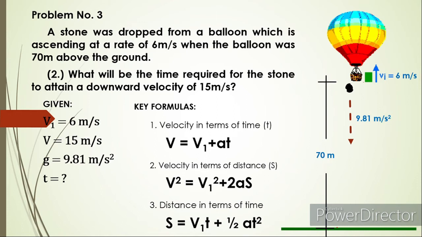So looking back ulit sa ating key formulas, meron tayong V1, meron tayong V, meron tayong A, unknown ay yung time. So we could use again formula number 1, which is V is equal to V1 plus AT.